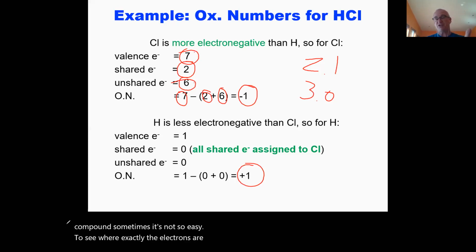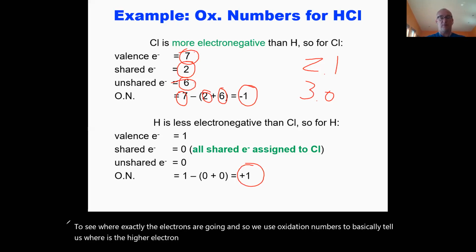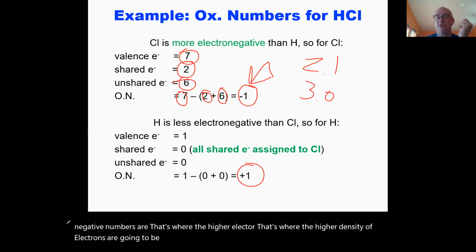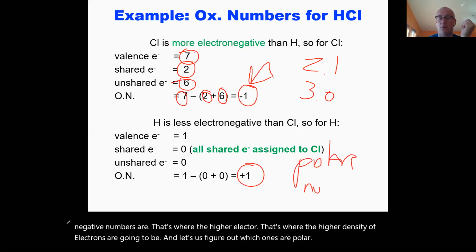And so we use oxidation numbers to basically tell us where the higher electron density is going to be. And so we look and see wherever the negative numbers are, that's where the higher density of electrons are going to be, and it lets us figure out which ones are polar and which ones are non-polar.